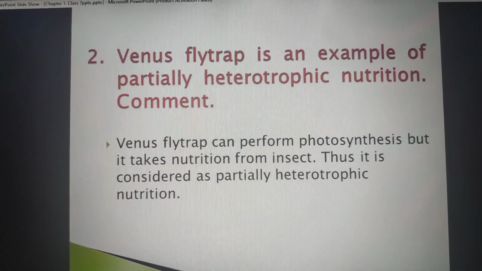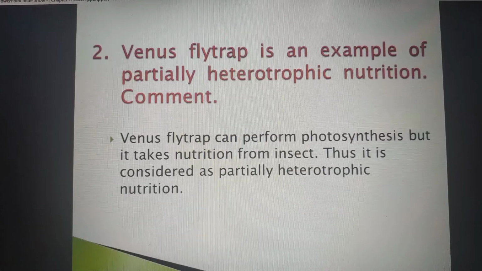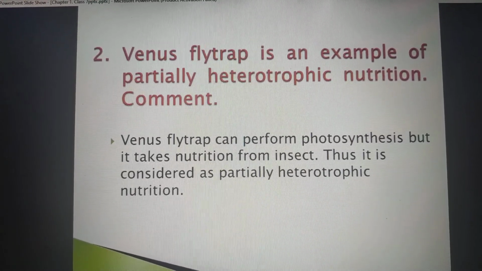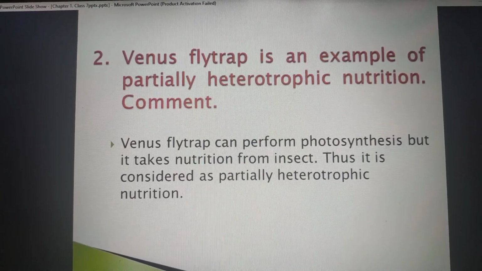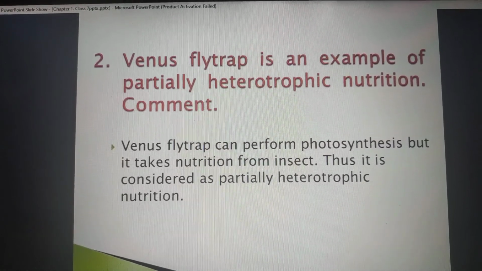You all know, I have told you that these plants are green in color, but they are lacking in nutrients. If they get the nutrients, that is nitrogen, then they are able to perform the process of photosynthesis.